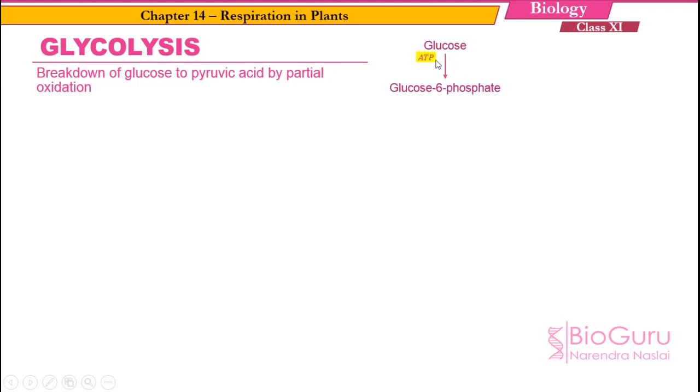We know that ATP is the energy currency in the cell. As I already told you, the cell uses ATP in order to carry out certain reactions inside the cell cytoplasm. So here, in order to convert the glucose into glucose 6-phosphate, one ATP is utilized. ATP full form is adenosine triphosphate. So out of 3 phosphate groups, 1 phosphate group is donated to glucose.